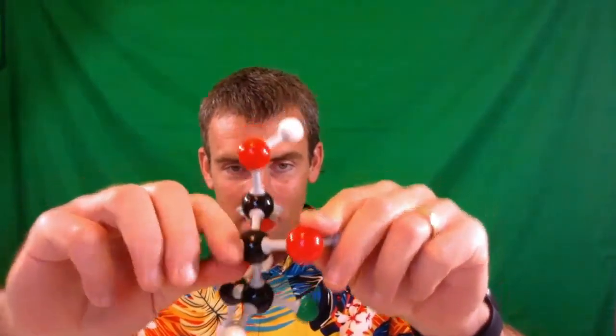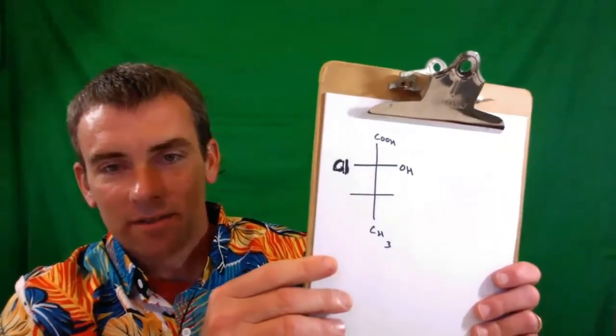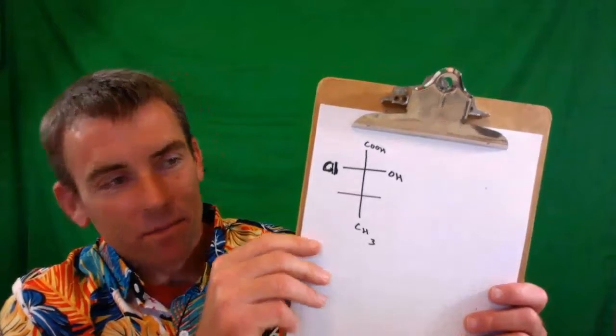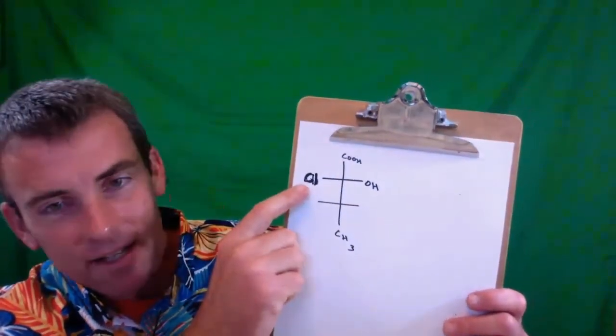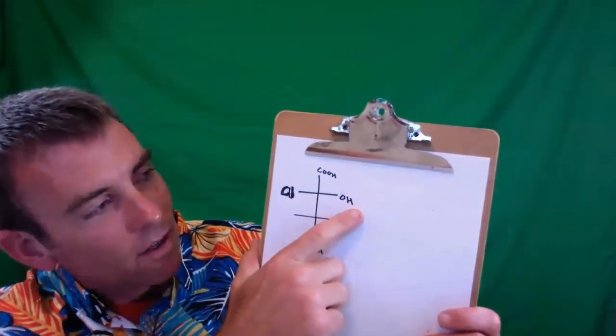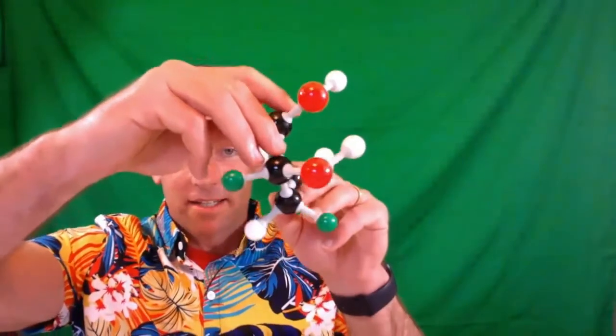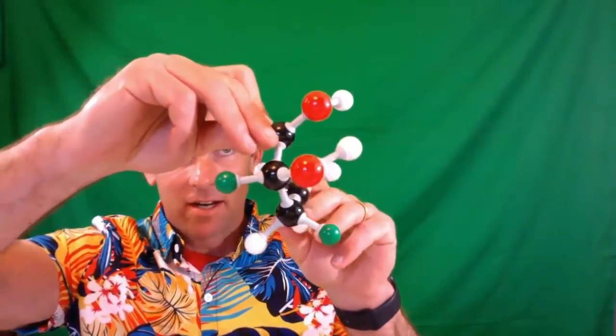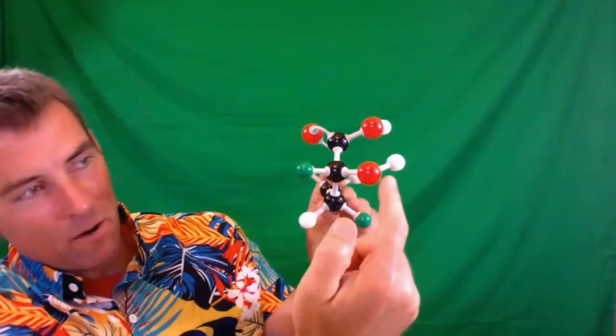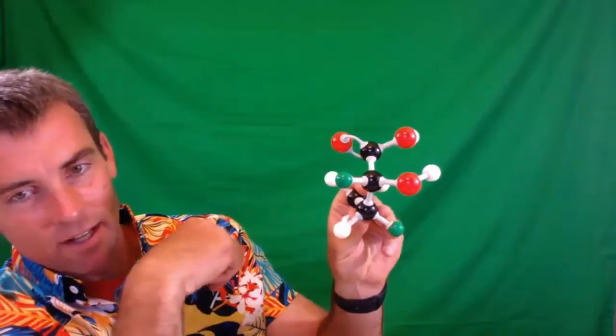So drawn correctly, that particular carbon, you'll notice that's a Cl, sorry about that, right? So hopefully you can recognize that Cl over there, OH group over on the right, and that is in fact the case if you look at this, right? So from your perspective, that OH is over on the right, that Cl is on the left.